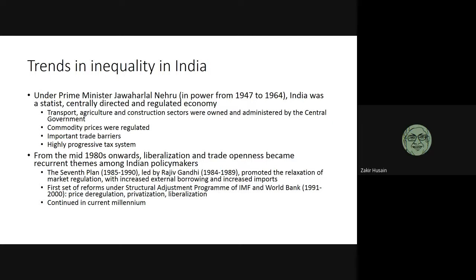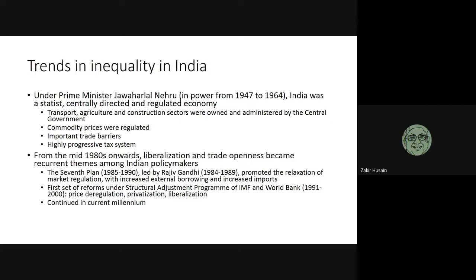From the mid 80s onwards, the process of liberalization and trade openness started. We talk about liberalization from the 70s, but in reality, it was introduced in India by Rajiv Gandhi in the seventh five-year plan.